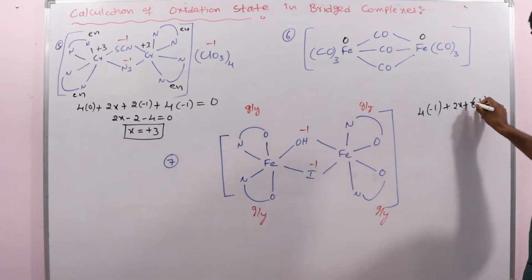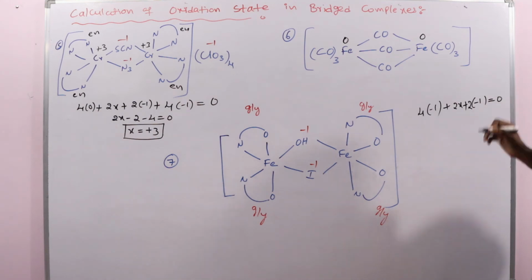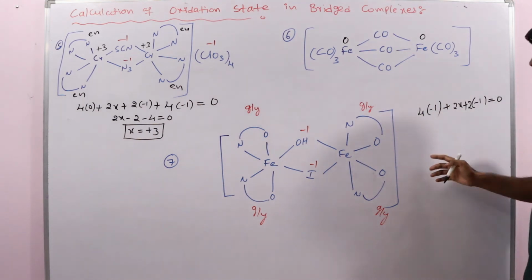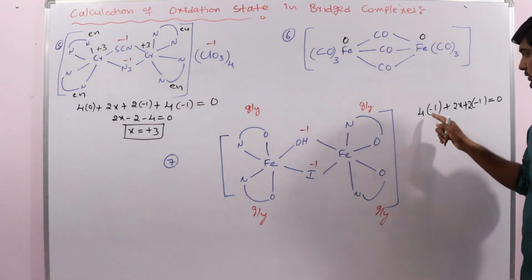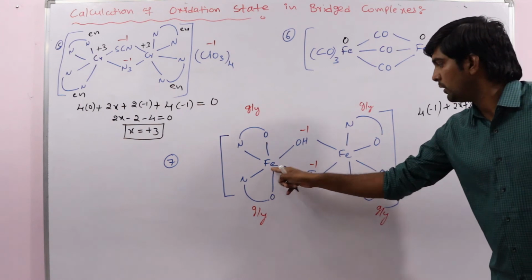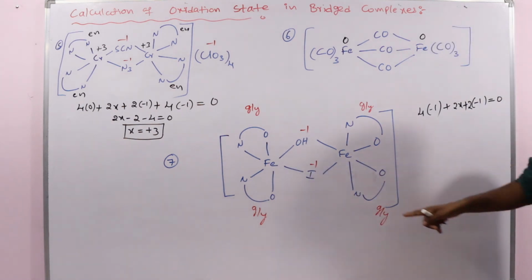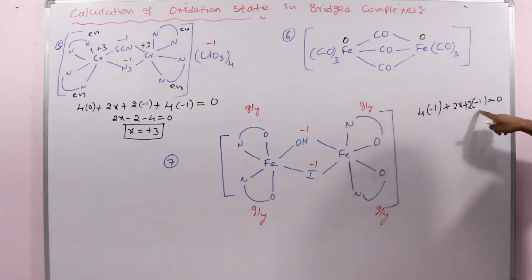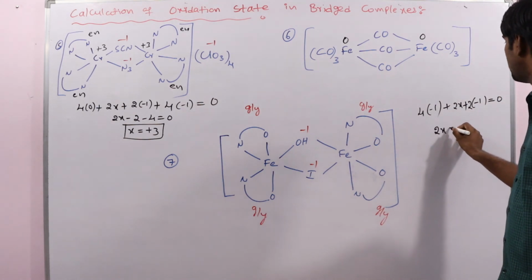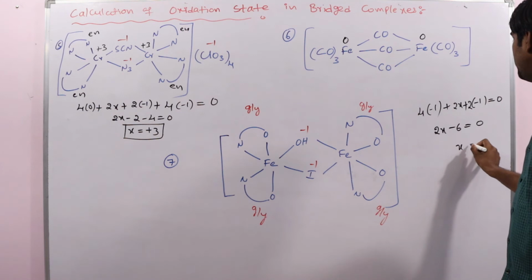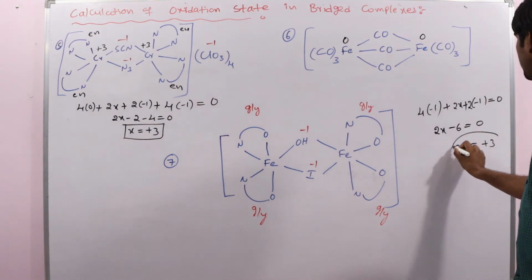So minus 2 into -1, that is equal to 0 because there is no charge present on the coordination sphere. Okay. So charge 4 glycinatos each will carry -1 charge. 4 into -1, 2 metal atoms, so 2x, and 2 bridged ligands each will carry -1 charge. Okay, so 2x minus 6 equal to 0, x is equal to +3.